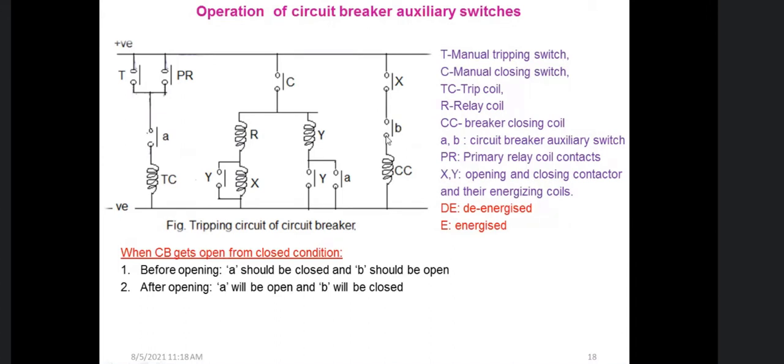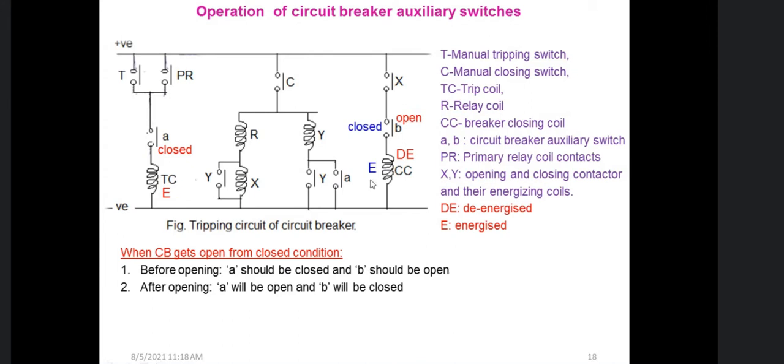For future closing, because after opening the next operation should be a closing. So at first the closing coil was de-energized and B is open. They are complementary in nature, so A is closed and the trip coil is energized and it is ready to open the circuit breaker, right?